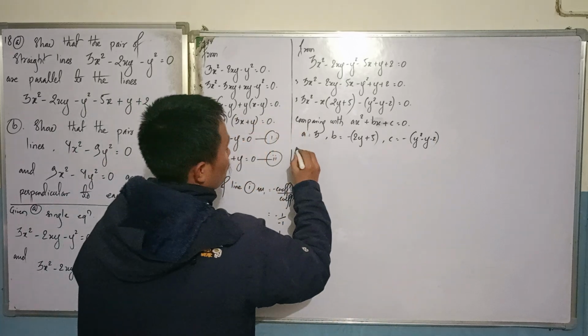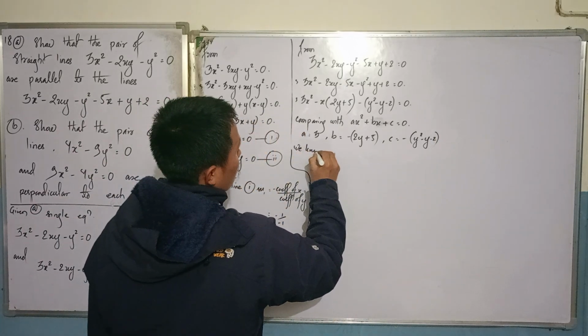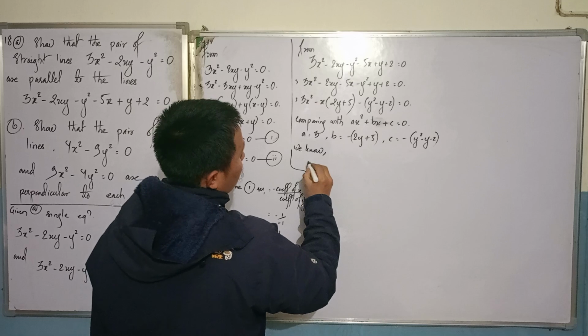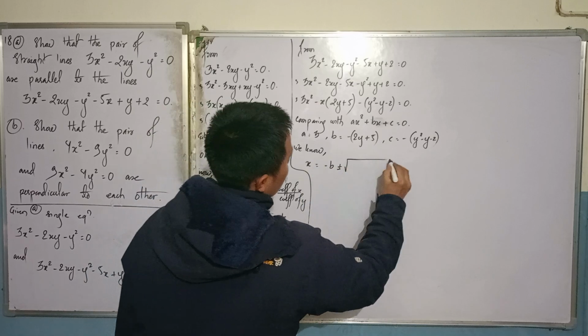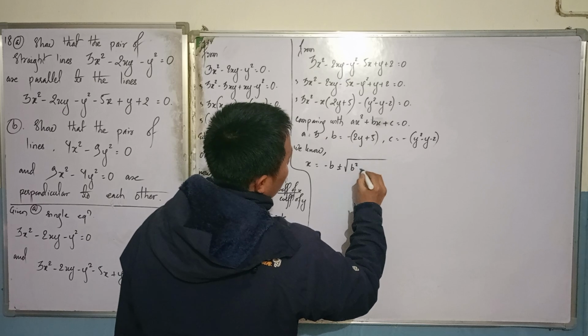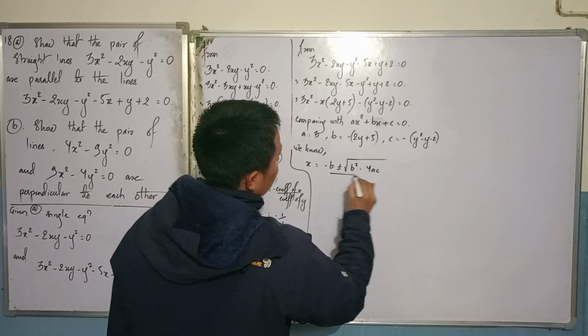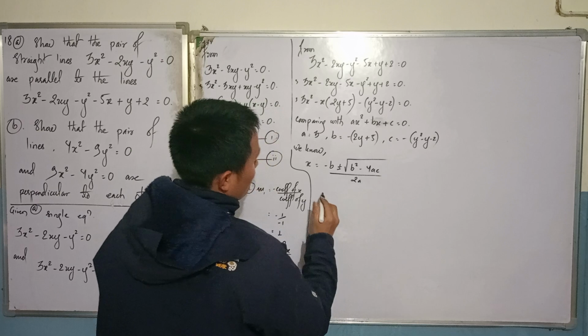So now we know x is equal to minus b plus minus the square root of b squared minus 4ac, divided by 2 times a.